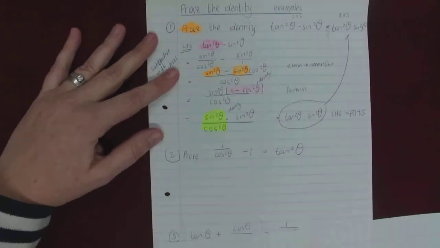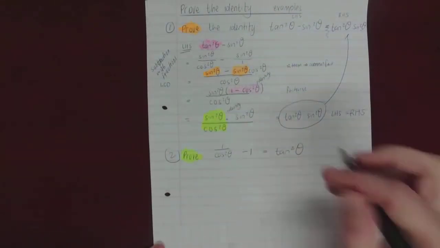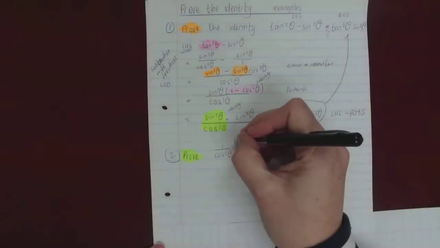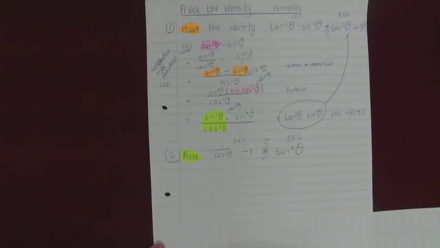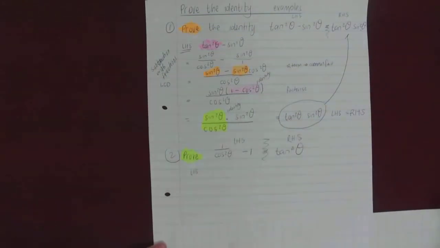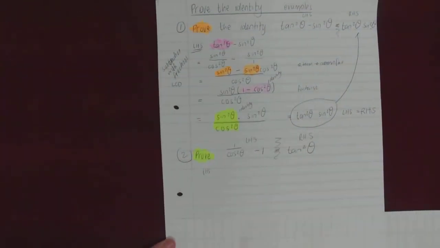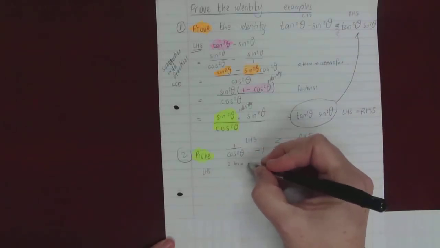Let's look at the second example. Prove is my word. The moment I see prove, I see left-hand side and right-hand side. Okay. I'm going to do my left-hand side. And my left-hand side, what do I notice? I notice that this is a 2 term.